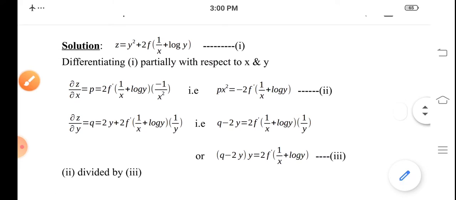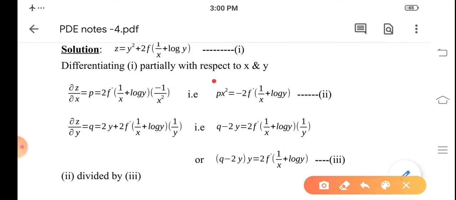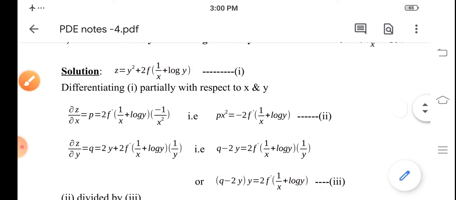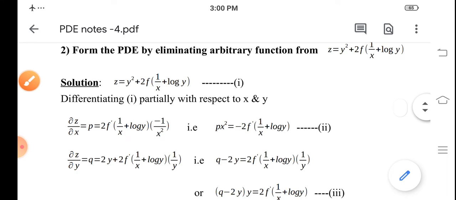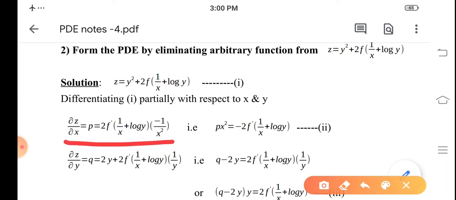We differentiate equation 1 partially with respect to x. So, partial derivative of equation 1 with respect to x will be dou z by dou x. Dou z by dou x is denoted by p, that is equal to, here in the given relation we have y square as the first term in the right hand side. But when we differentiate partially with respect to x, y term is constant.